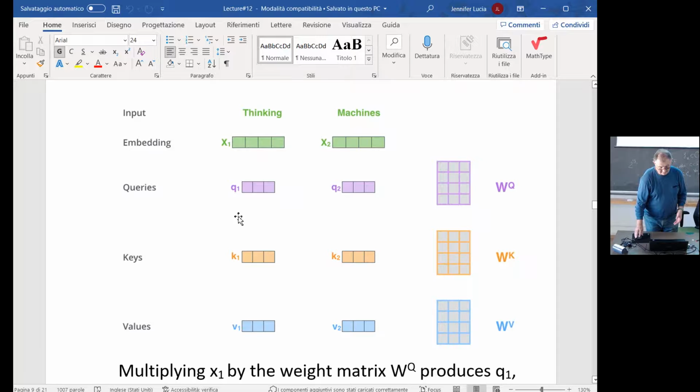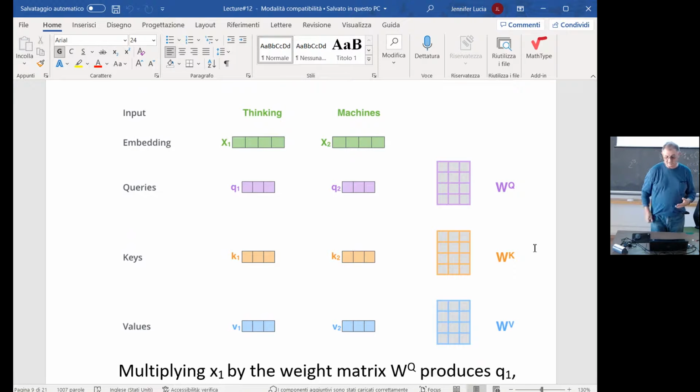And so we have embedding x1 for the word thinking and x2 for machines. We have only two words in this short phrase, so two queries, two keys, two values. And we have also three matrices of weights, which we should have trained during our training procedures.